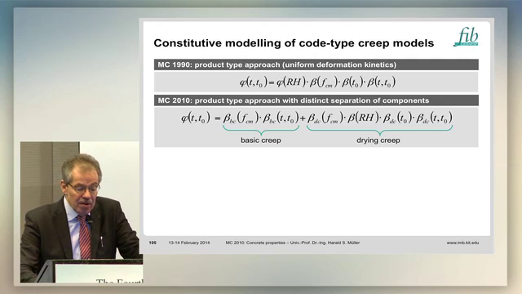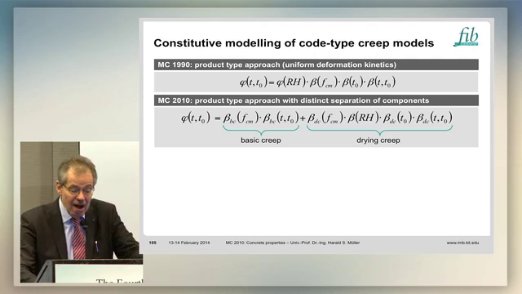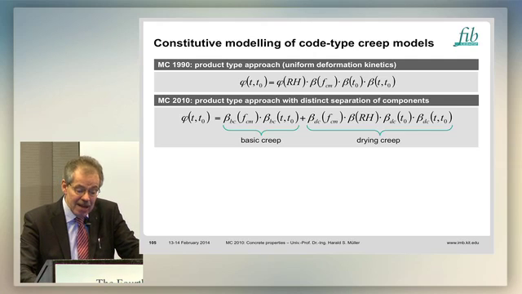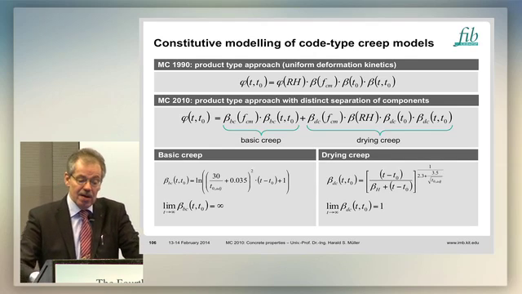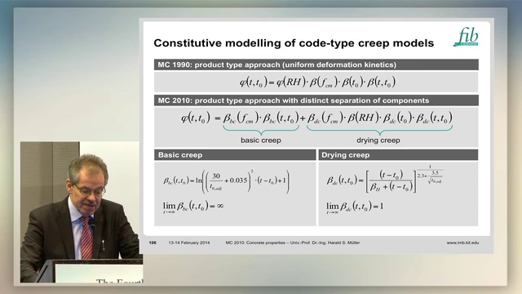If you compare now the constitutive modeling for Model Code 90 with that of the new Model Code, you find the separation into basic and drying creep, which was necessary to be able to deal with high-strength concrete. And now we also no longer have the uniform deformation characteristic. We have a deformation characteristic following physical principles.